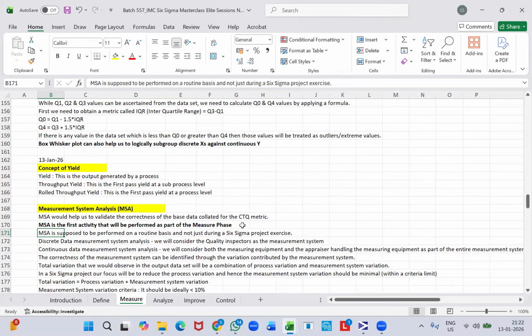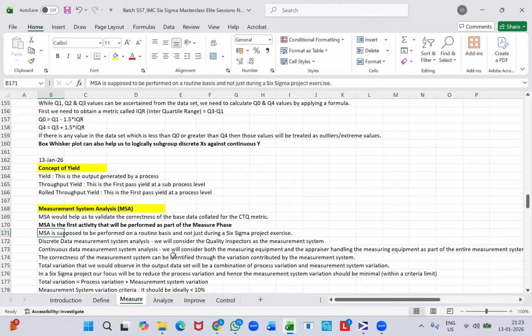It's always important for us to perform this exercise on a routine basis so that even if you find the measurement system not working fine, we can always correct it before we start working on these kinds of Six Sigma projects. So that's what I've written here. MSA is supposed to be performed on a routine basis, not just at the time of a Six Sigma project exercise.